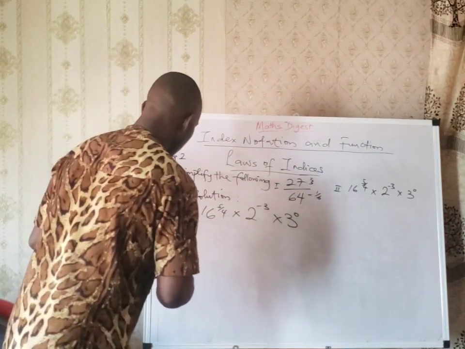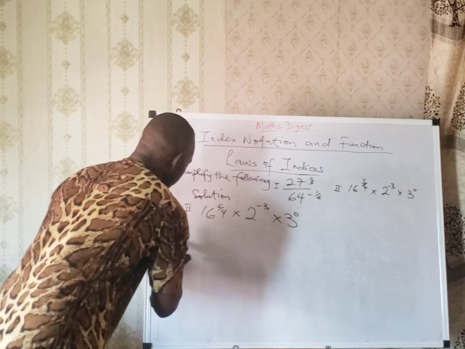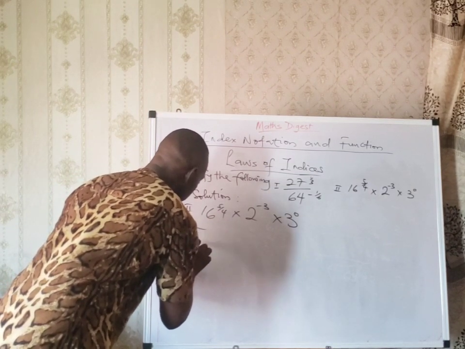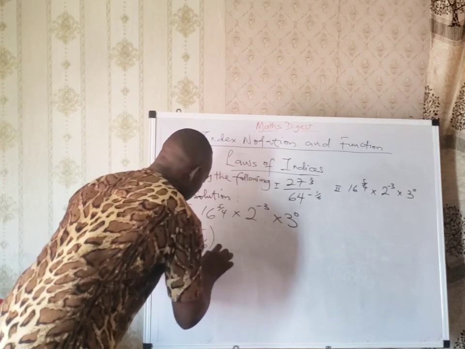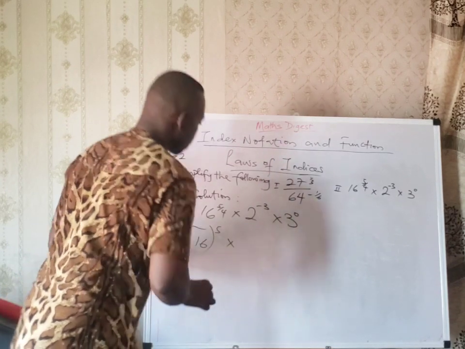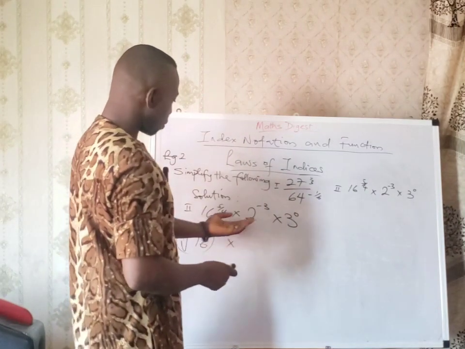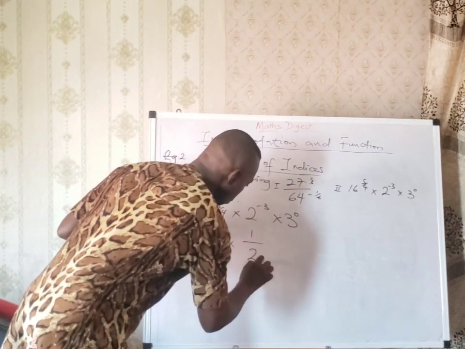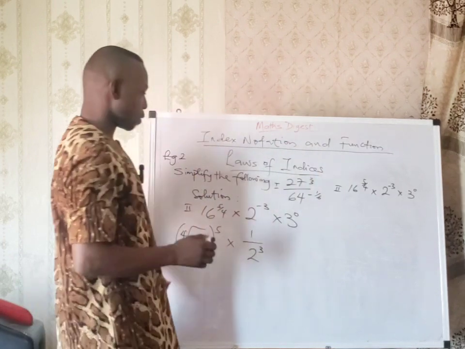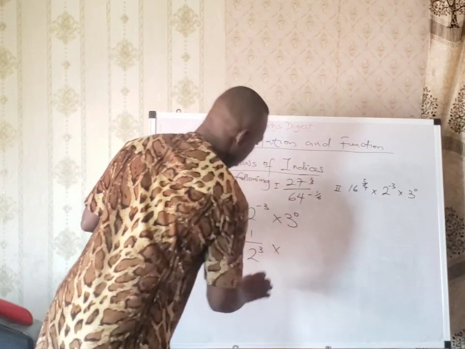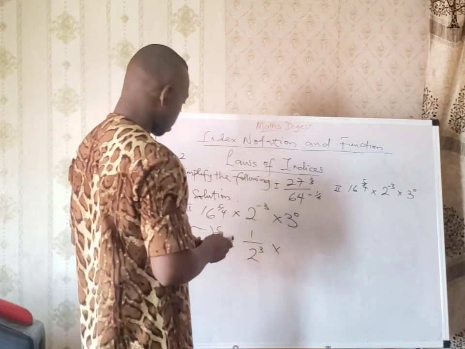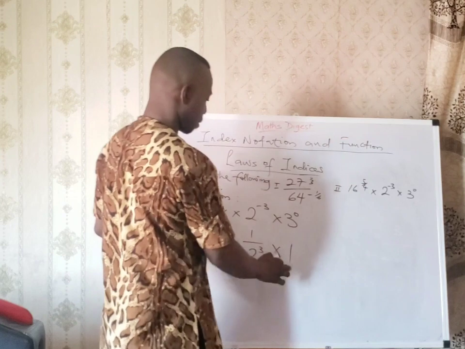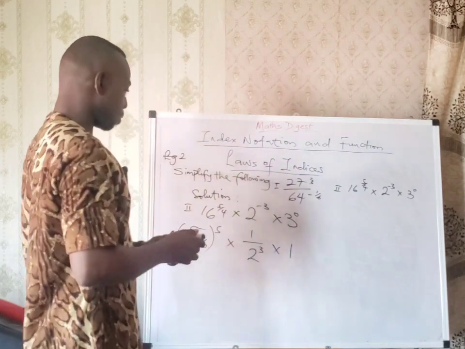Okay, for this we can have the fourth root of 16 all raised to power 5 times, now you come to this, you have 1 over 2 raised to power 3. Okay, now you come to the last one. This is the zero index law. We have 1. Anything raised to power 0 is 1.